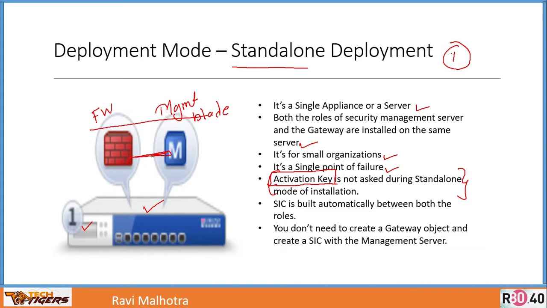You do not need to create an exclusive SIC between them. It is already there. And you also do not need to create a gateway object manually. The object that you will see the moment you create the first instance is always there, and the gateway as well as the security management server blades will be checked in over there.